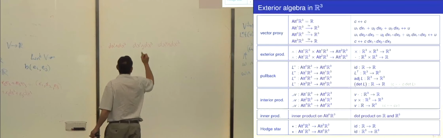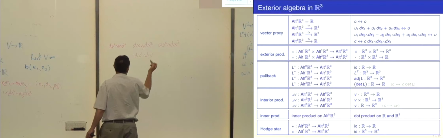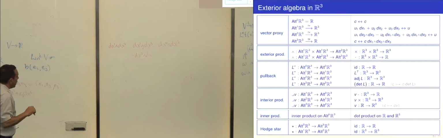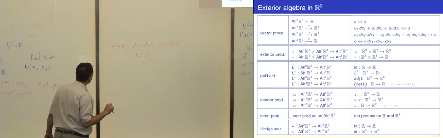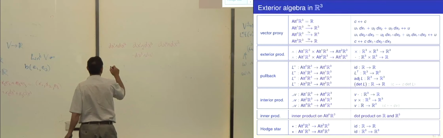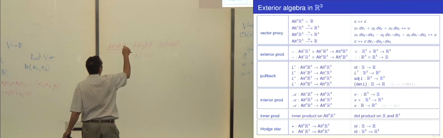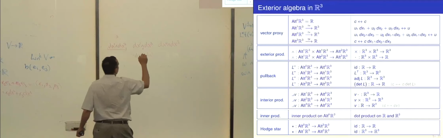It's better maybe to write this as minus dx3 dx1. Wedge product has that switching possibility. And then what we do is we associate this with, there's a 1 and a 2 here, so we associate it with 3.